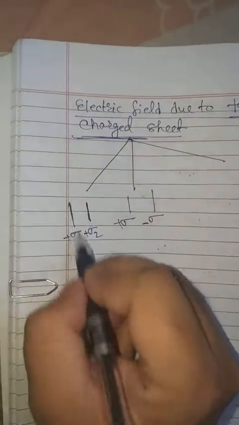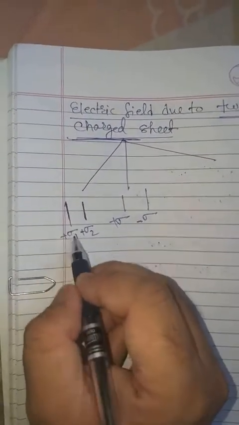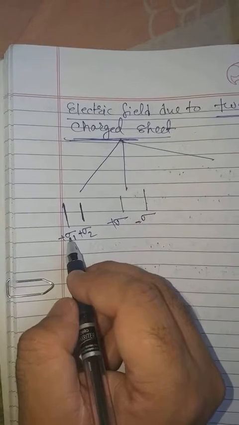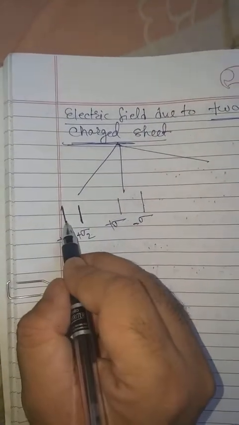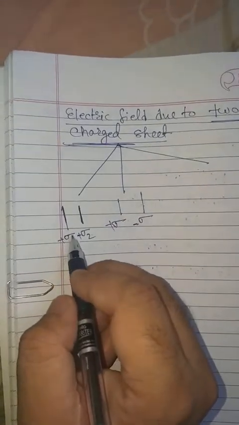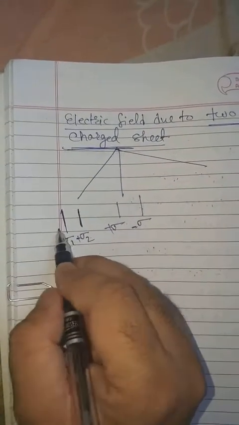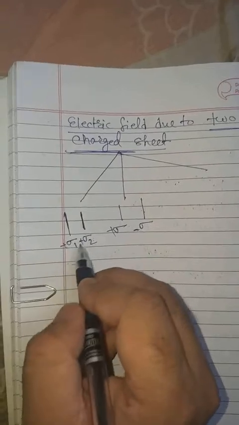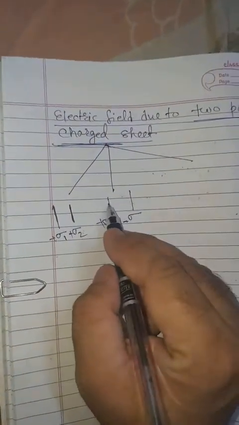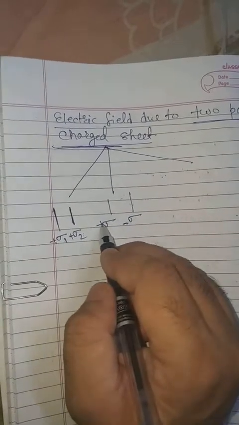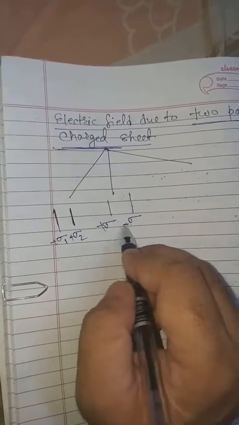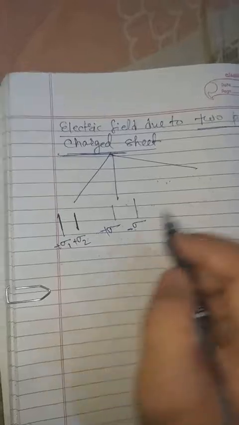Sigma 1. Sheets have a charge density, not charge. So if both the sheets have positive charge density but different charge density, or both the sheets have the same charge density but different sign.